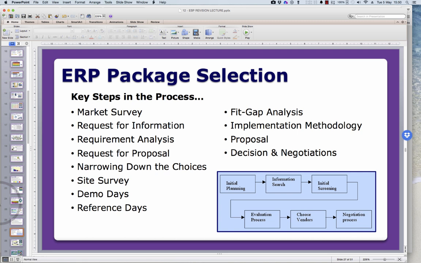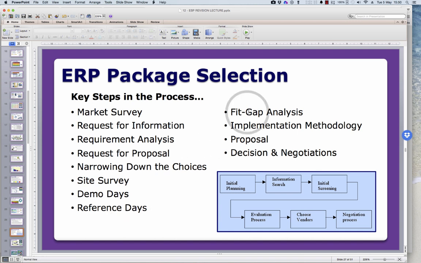ERP package selection. So there's a process. You do a market survey, you do a request for information, requirement analysis, request for a proposal, you narrow down the choices, do a site survey, do some demo days, get the vendor to demo to you. You might have reference days, you can go and look at other similar packages.